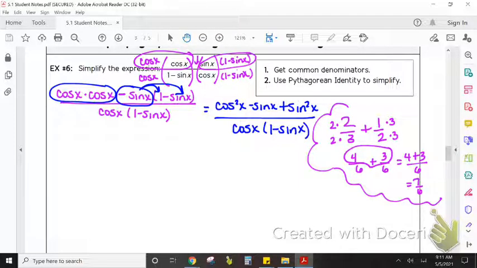Now look in your numerator. Is there anything else you can do? There is. Remember, when adding and subtracting, the order doesn't matter how it's written as long as the sign stays with it. So I could actually rearrange this to put my squared terms first. If I do that, I can rewrite this as cosine squared of x plus sine squared of x minus sine of x, all over that least common denominator.